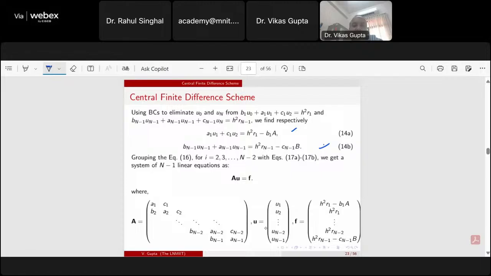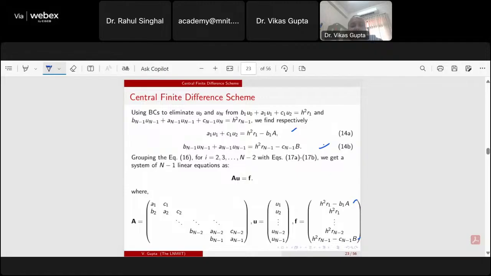The unknown vector is U equal to u1, u2, ..., un minus 2, un minus 1, and the right hand side vector F is h square r1 minus b1 a, h square r2, and so on, h square rn minus 2, and h square rn minus 1 minus cn minus 1 b. The first and last terms in this right hand side vector are changed because of the use of boundary conditions, so equations i equal to 1 and n minus 1 transform to this.